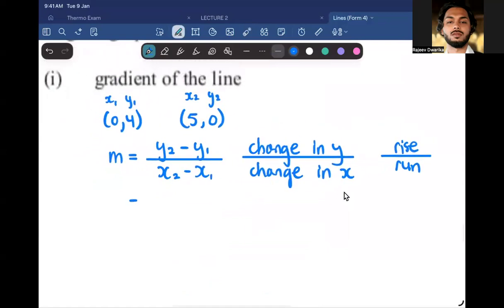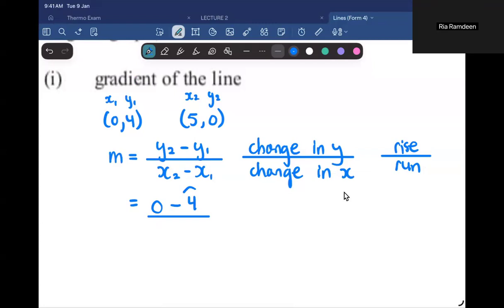All right, so what is y2? 0. What is y1? -4. Now, y1 isn't 4, but it's minus 4, right? I think that's what you meant. Yeah, it was just the minus sign.